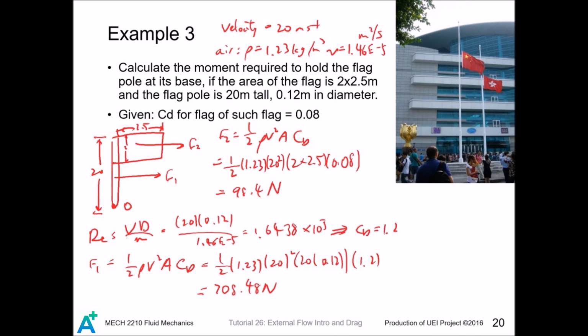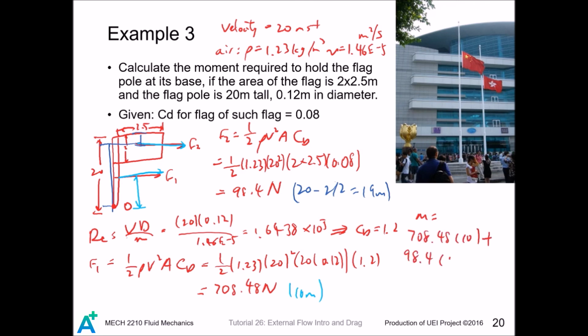The moment arm for the drag force 1 is half of the flagpole, and the moment arm for the drag force 2 is this length, and this is 20 minus half of the flag. So we find the overall moment. And we are done with this example.